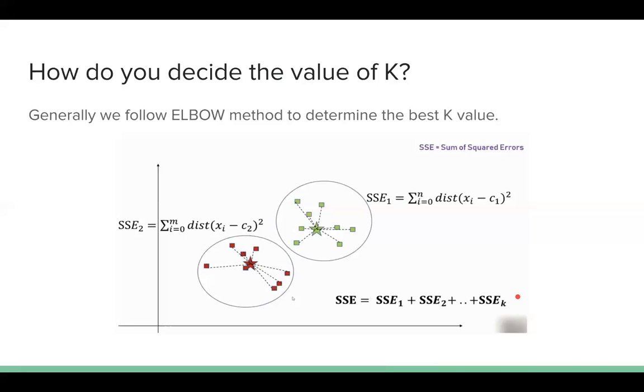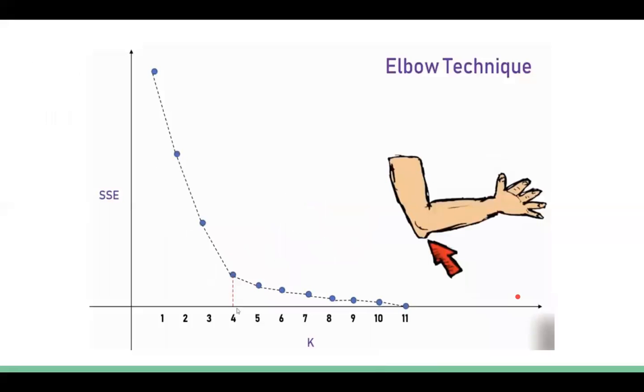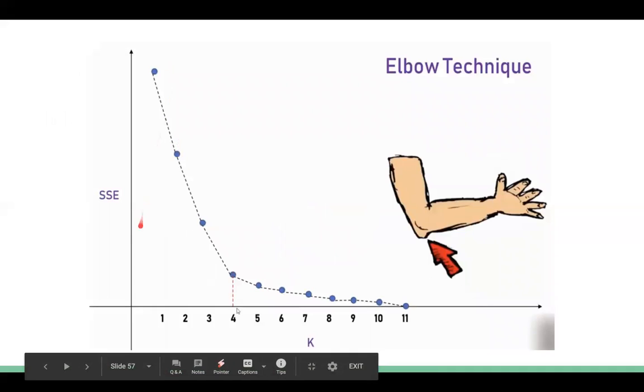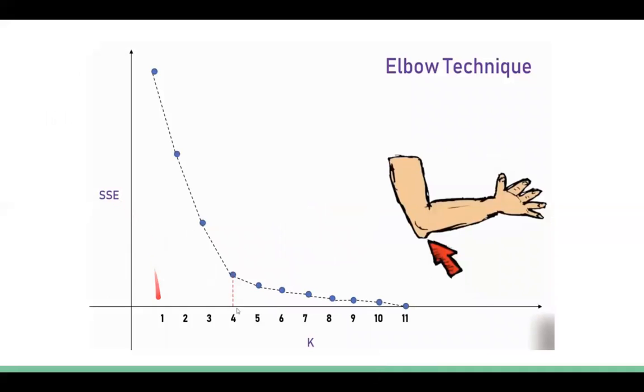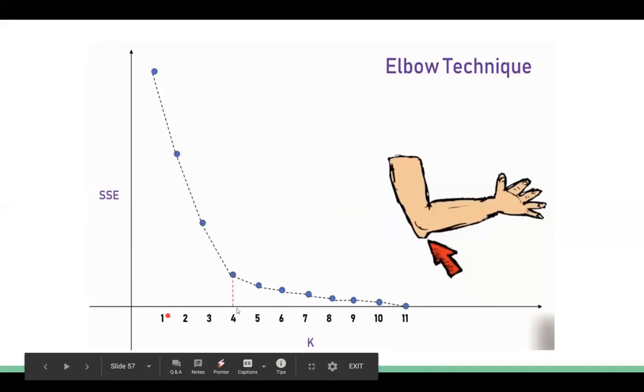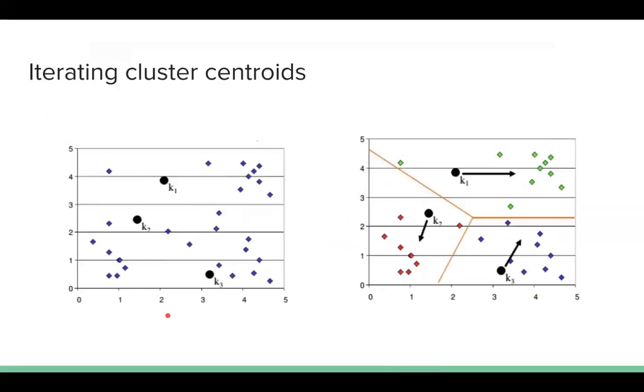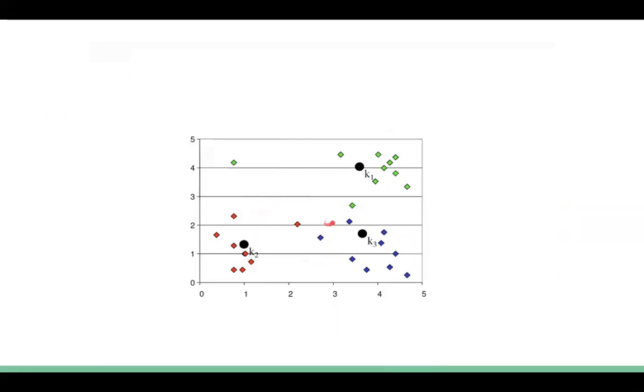Now, what is this elbow method? On the x-axis, we take the number of clusters that we have taken, and on the y-axis, we calculate the SSE. So when you have only a single cluster, that means k equals 1. What do you mean by k equals 1? That means all the data points here are mapped to only a single centroid.